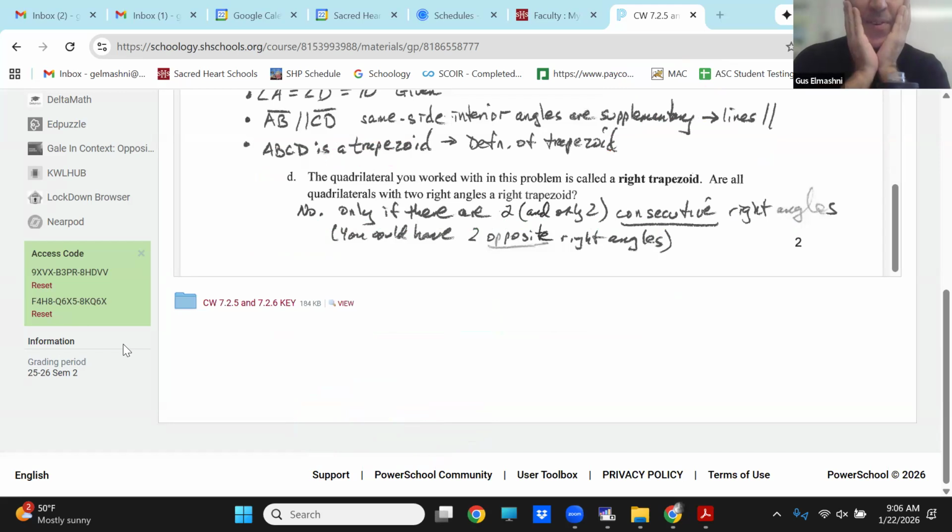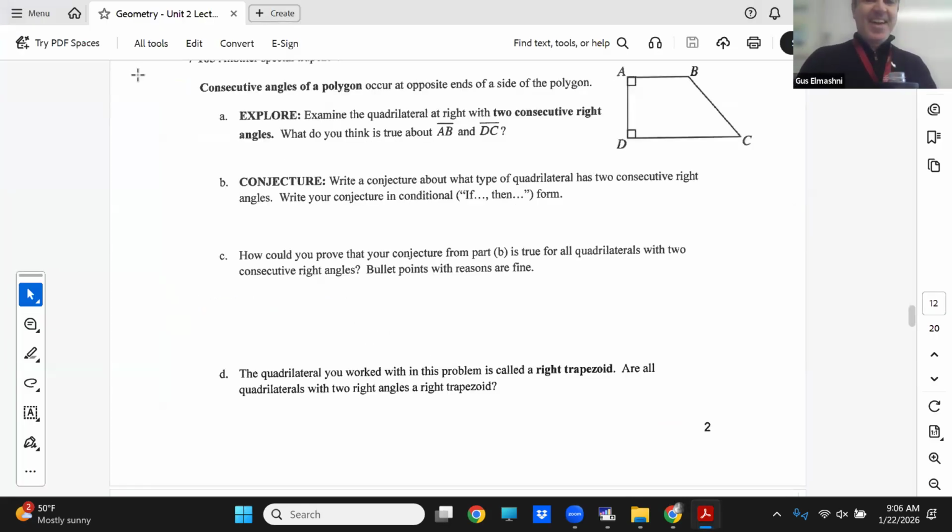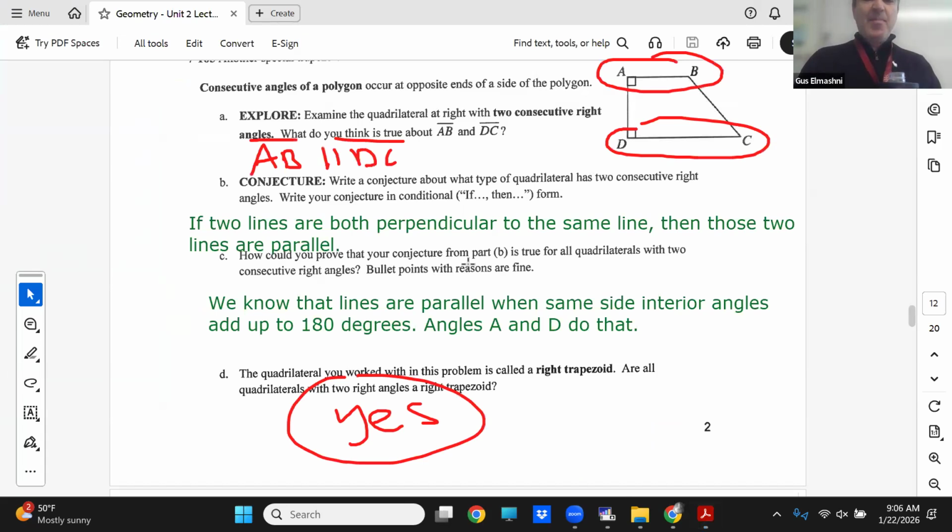If there are only two consecutive right angles. Okay, hold on a sec. Just call it, are all quadrilaterals... I didn't read correctly. That's my fault. See, this is why I gotta be in geometry. So that's not a yes. Okay, are all quadrilaterals with two right angles? Not necessarily.